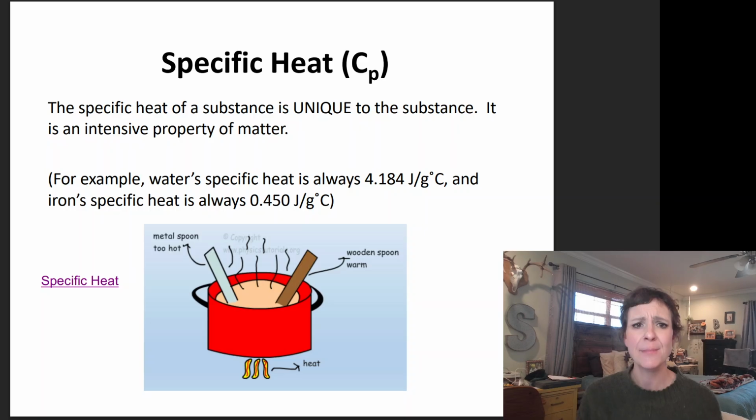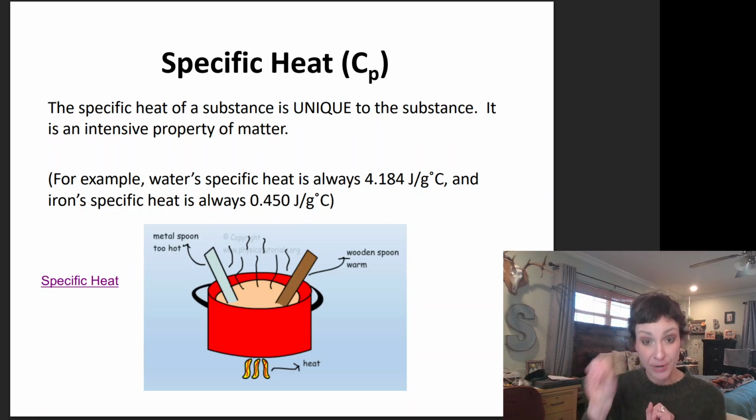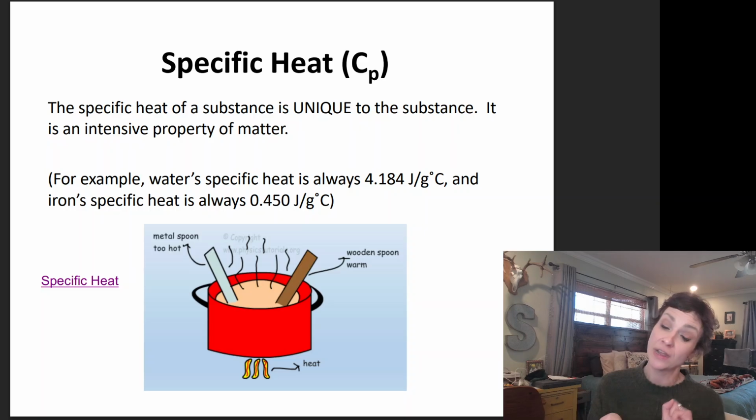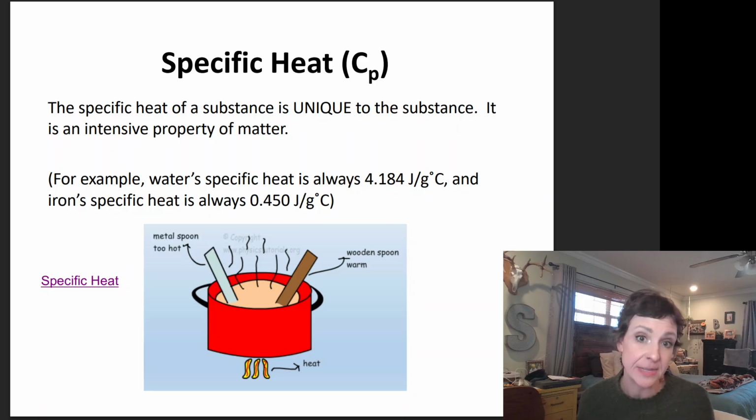Okay. But here's the key thing about specific heat. The specific heat of a substance is unique to the substance. That means the specific heat of water, which we said was 4.184 joules per gram degrees Celsius, is completely separate and unique to water. The specific heat for iron is going to be something different. The specific heat for oil is going to be something different. The specific heat for hydrogen is going to be something different.